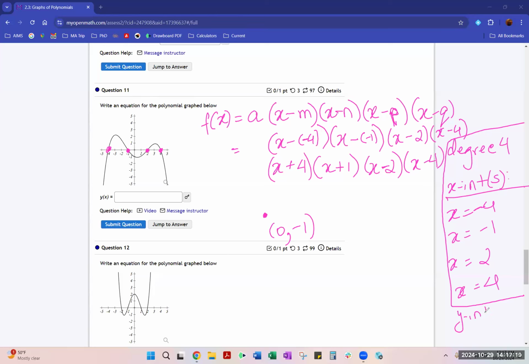So our y-intercept is the ordered pair 0, -1, and we will need to use that to help us figure out what the leading coefficient of this function is going to be. So our y value is -1, and we need to use that to figure out our leading coefficient.